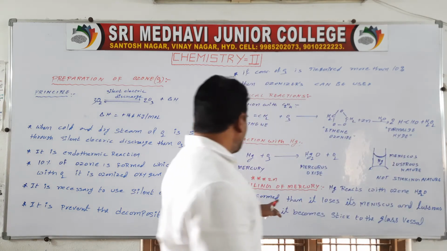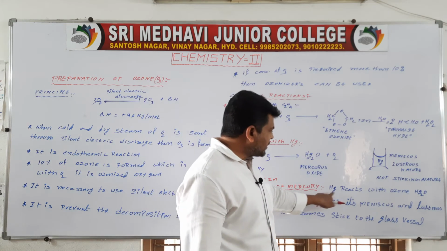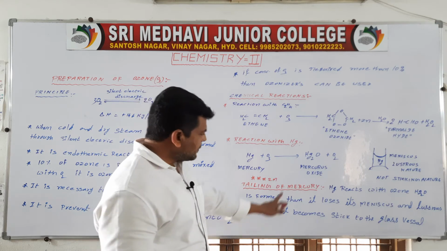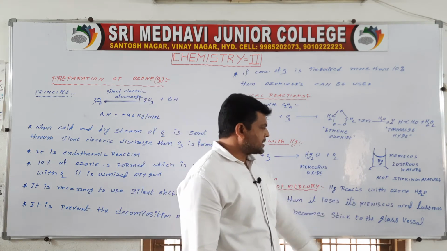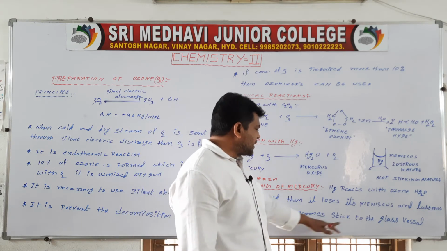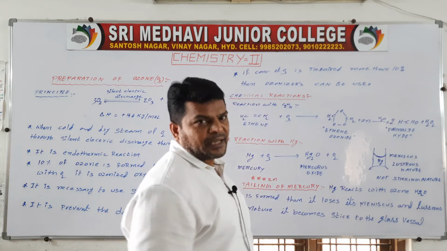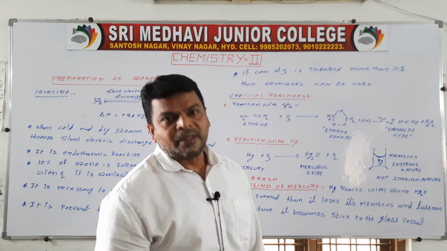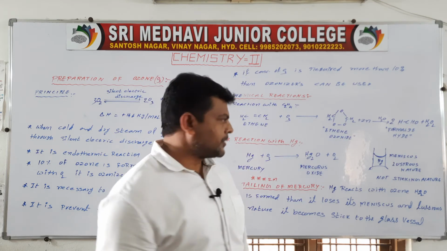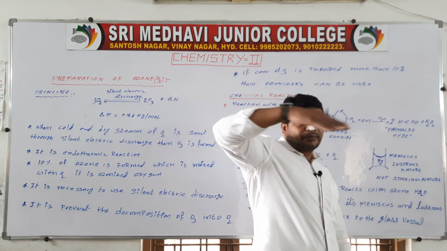Okay, it is nothing but tailing of mercury. Mercury reacts with ozone, Hg2O is formed, then it loses its meniscus and lustrous nature, then it sticks to the glass. The way of sticking of mercury to the glass is called tailing of mercury.